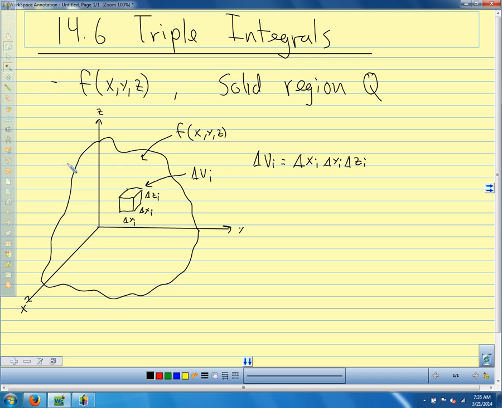To find the volume of the entire solid, we're going to form the sum. And this should be familiar by now. This sum for i equals 1 to n, however many pieces we divide this into.